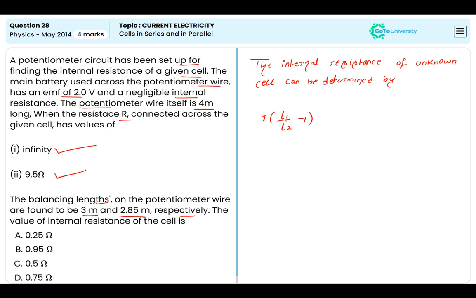Here L1 and L2 are the balancing lengths of the potentiometer wire, which are found to be 3 meters and 2.85 meters respectively.